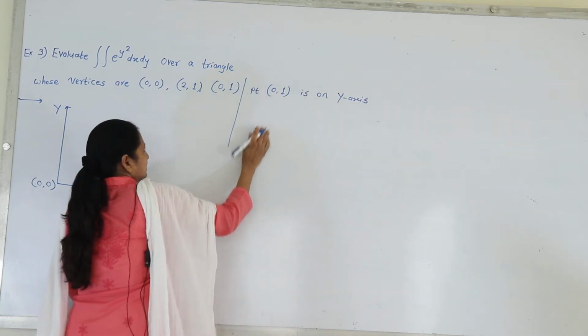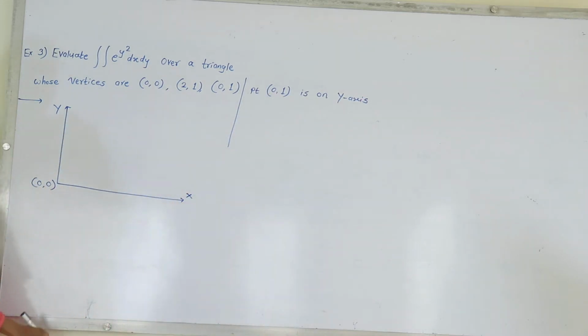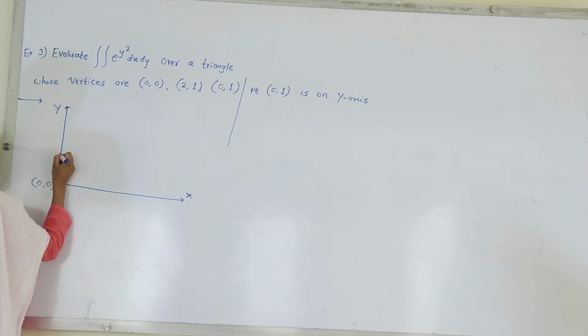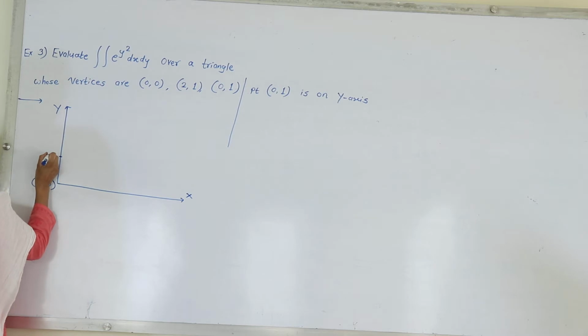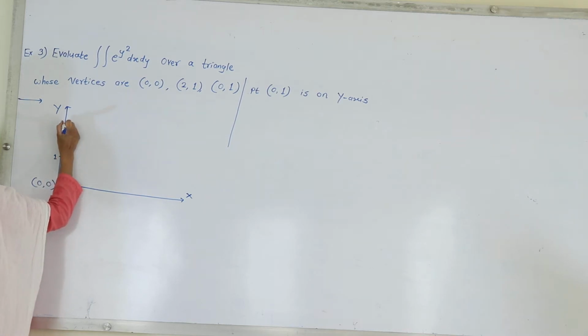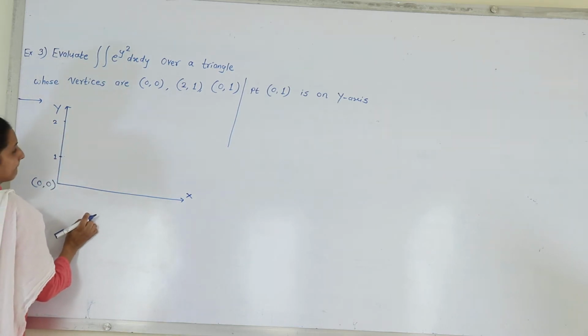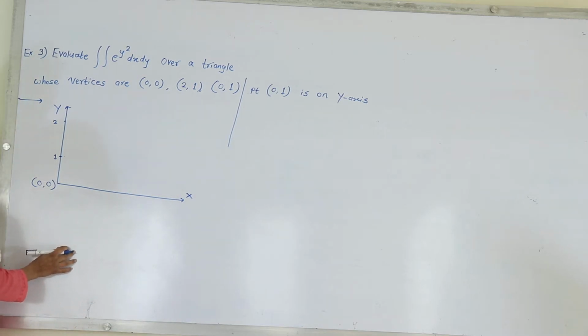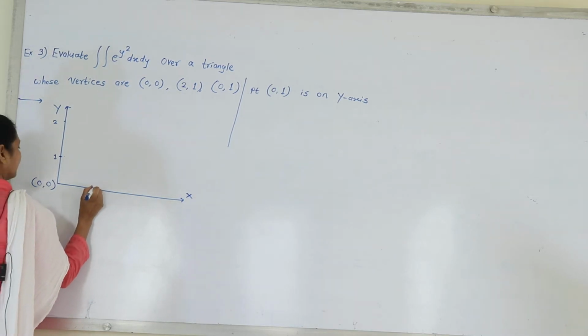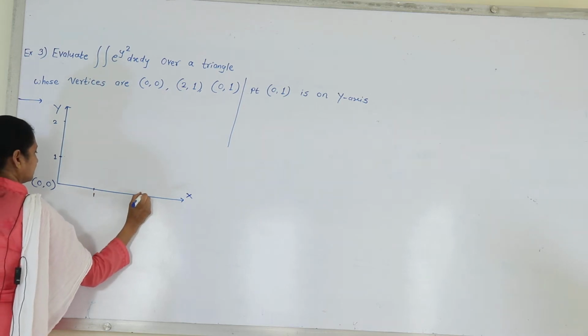X coordinate is 0, which is on the y axis. So therefore this is 1, suppose, and this is 2 on the y axis.